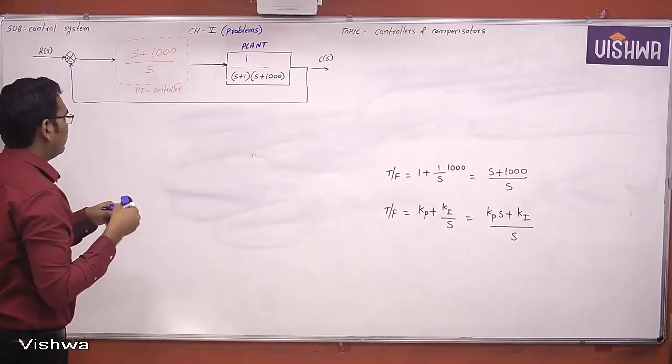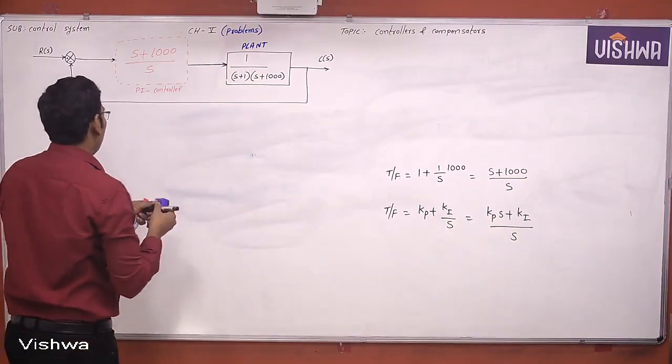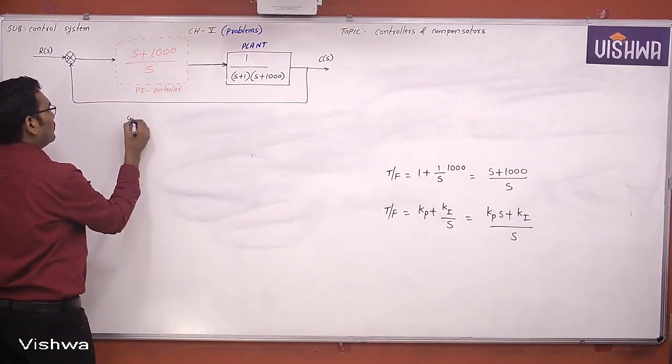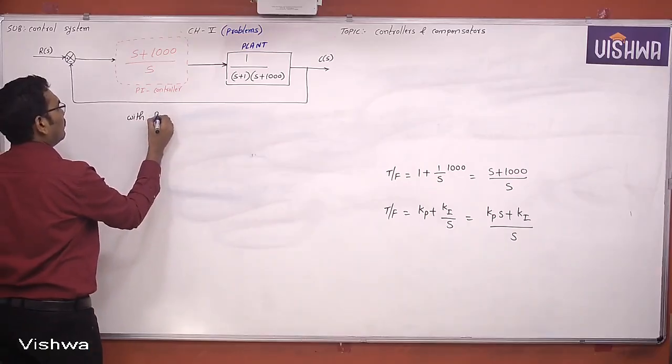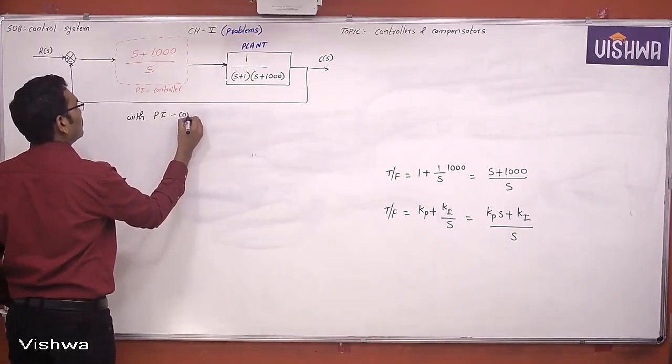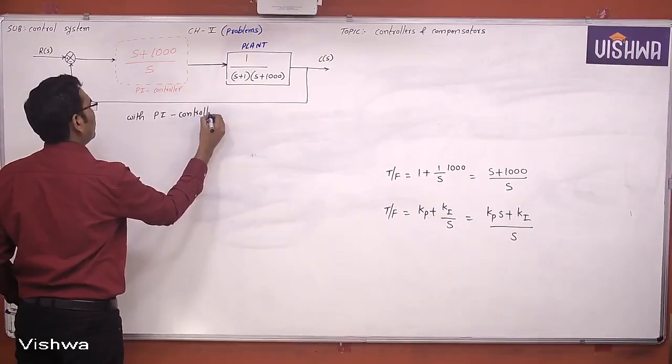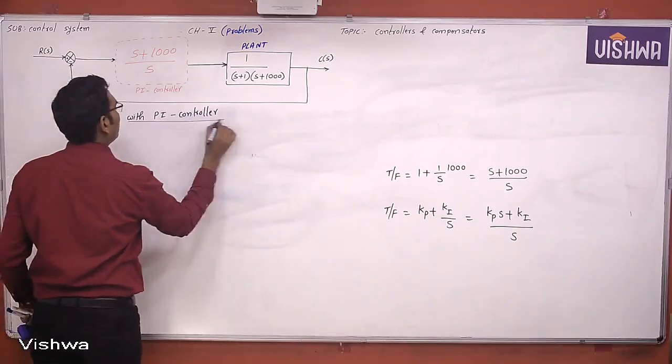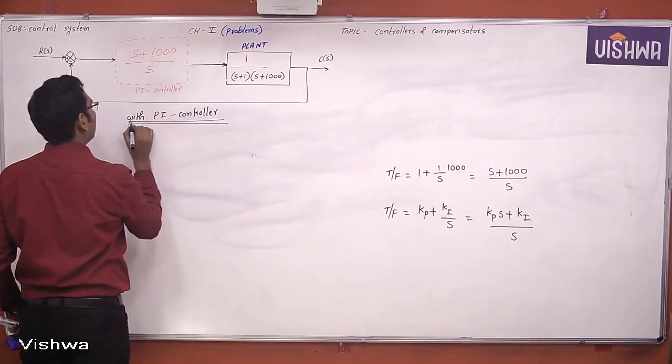Now we will see with the PI controller. With the PI controller, what is the overall open loop transfer function? Tell me now.